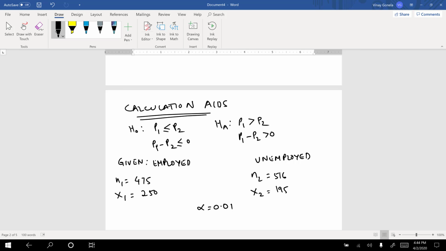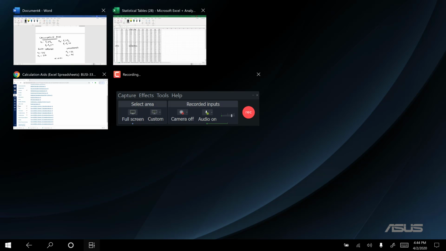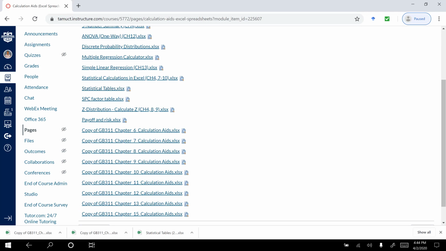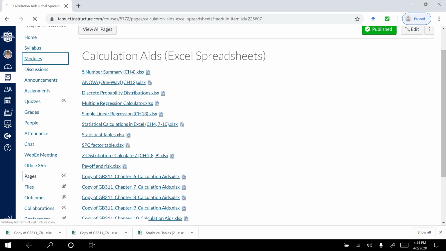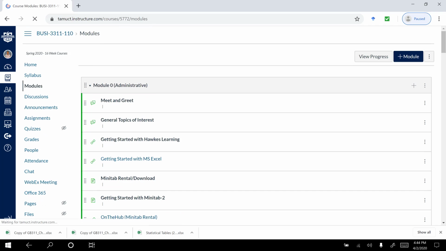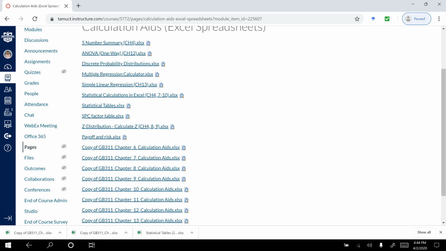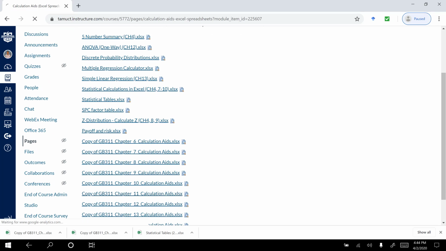So I will go and download my calculation aids. I'm going to modules, and then calculation aids, and then chapter 11 calculation aids.